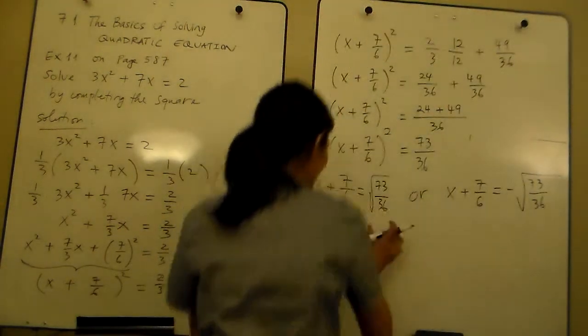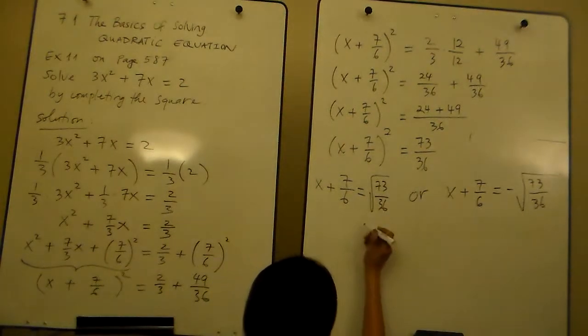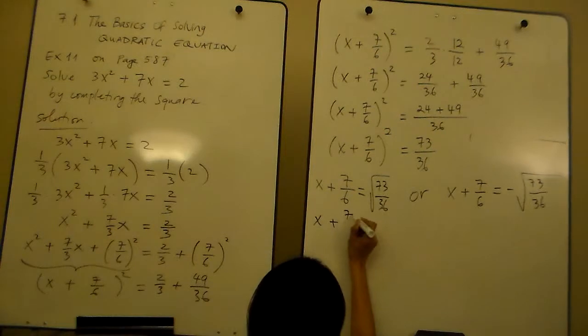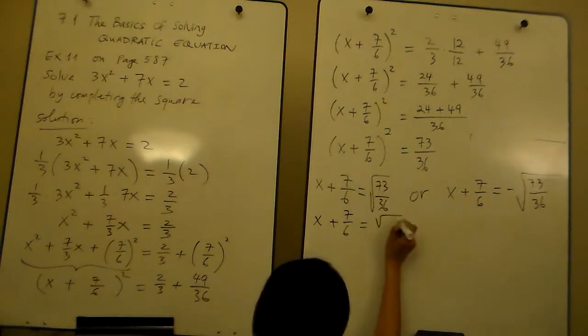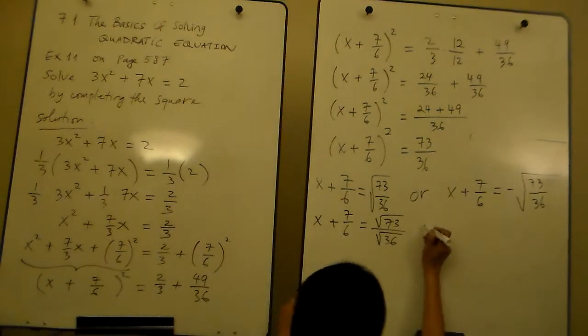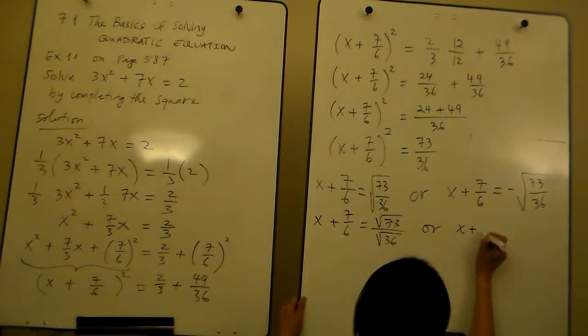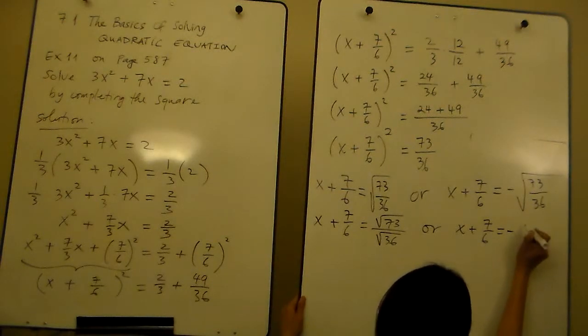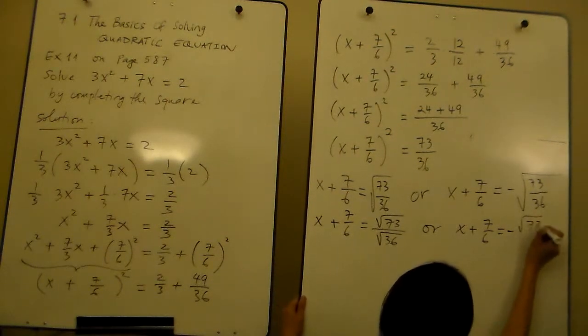So, it looks like we can simplify the denominator because let's split this into square root of 73 and square root of 36, or x plus 7 over 6 equal to negative square root of 73 divided by square root of 36.